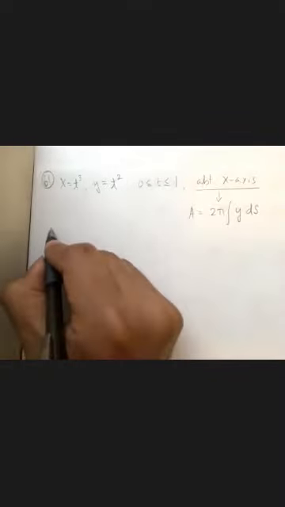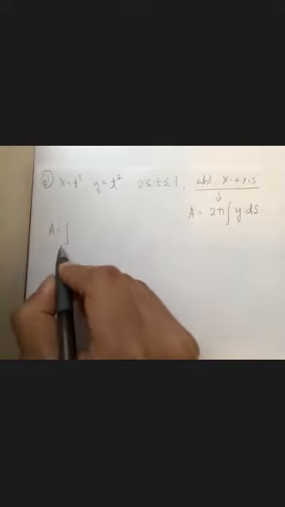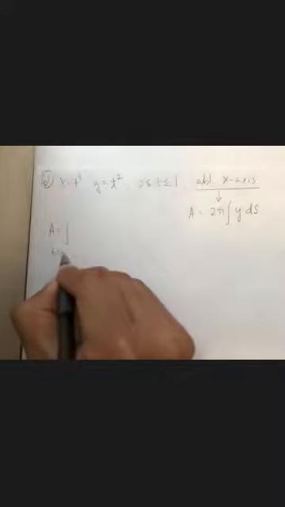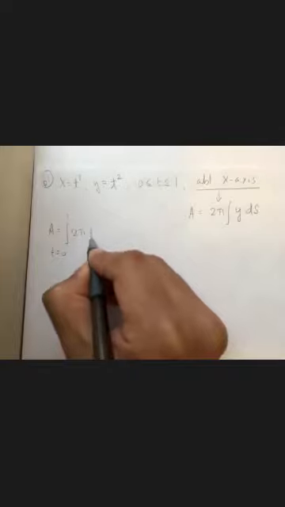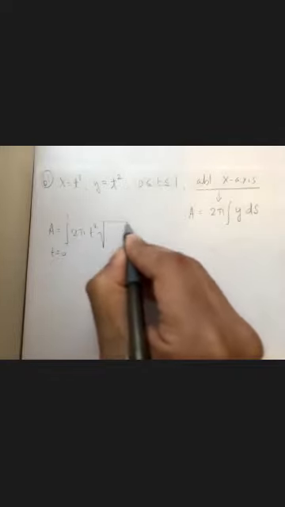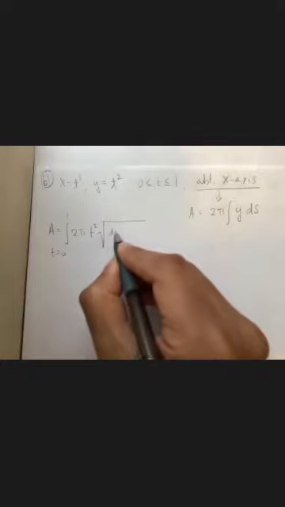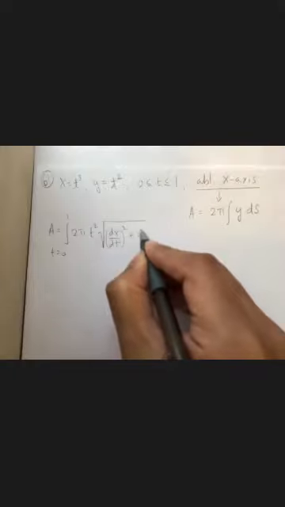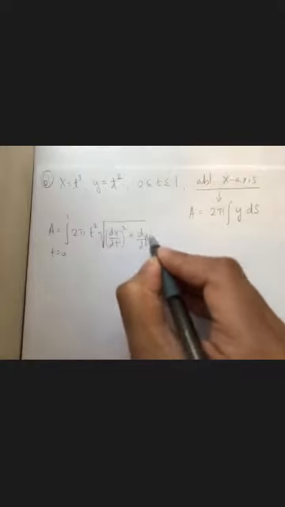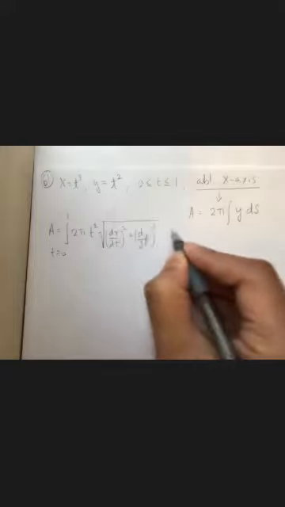So area becomes... the formula for this arc length is the same as the last problem.